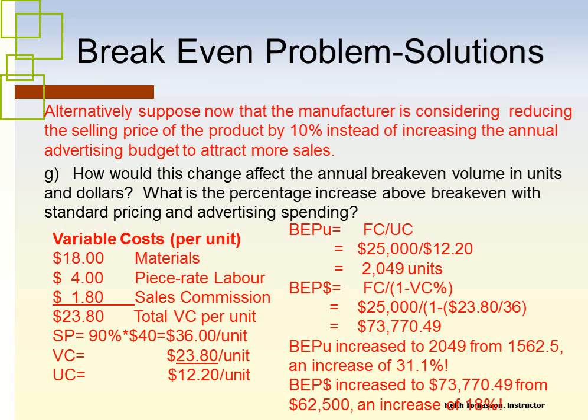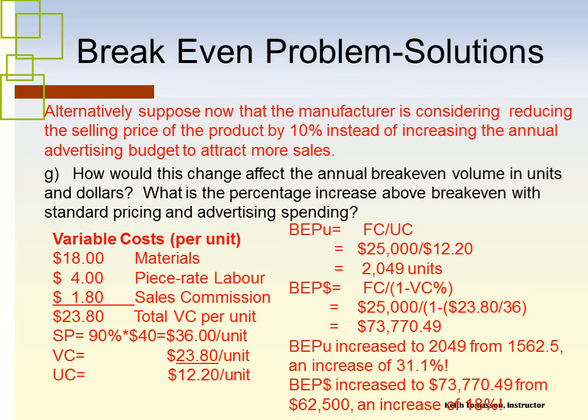Or in terms of dollars, our break-even point increased to $73,770.49 from the previously calculated $62,500, which is an increase of 18%. So our sales revenues must go up by 18% to reach our break-even point because we reduced our price of our product by 10%.